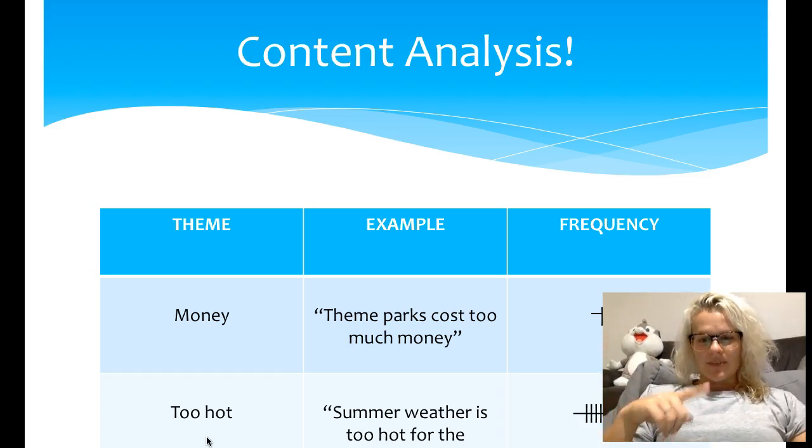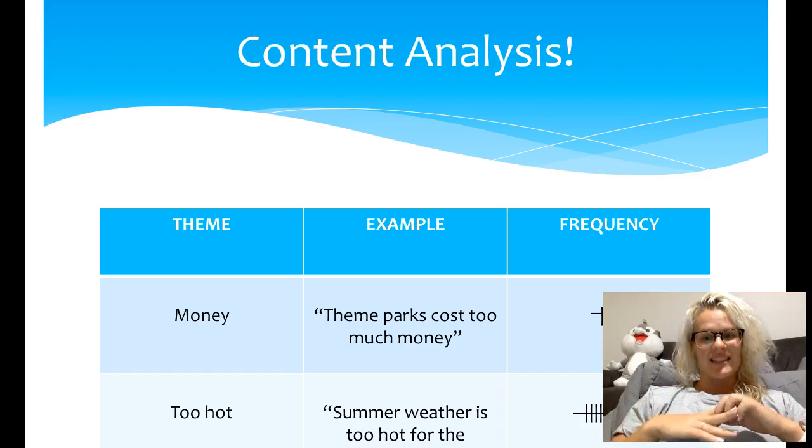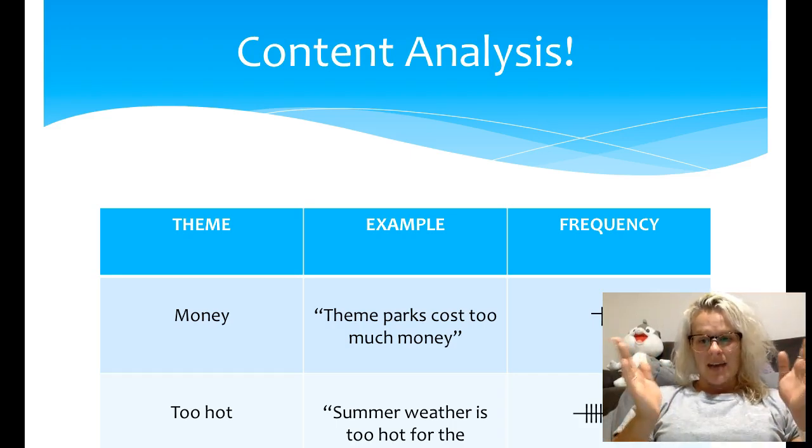So I would say from here, like, oh, maybe I need to lower my prices because people are talking about the cost, and maybe I need to have more shade around. So have more shade, have some water parks, have air-conditioned rooms, do that kind of thing. So I would have my data analysis and make my conclusions based on what people are saying.